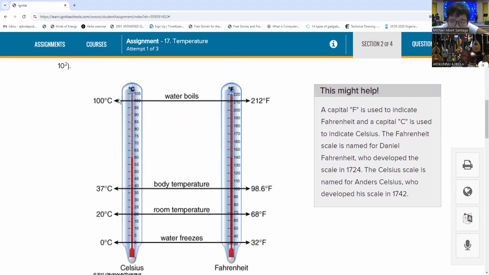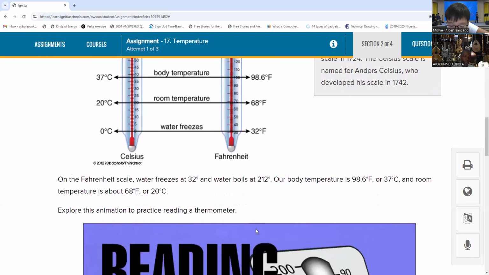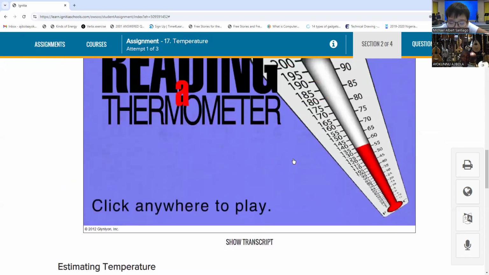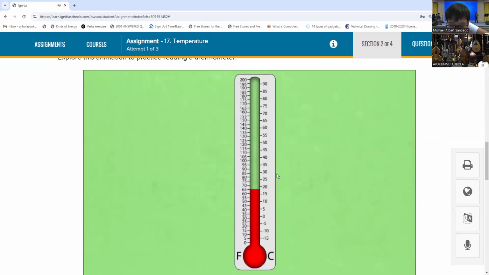You see that 100 degrees Celsius is 212 Fahrenheit, while about 37 degrees Celsius is 98.6 degrees Fahrenheit, and 20 degrees is 68, then 0 is 32 on the scale. Also, we tried to work on this yesterday.